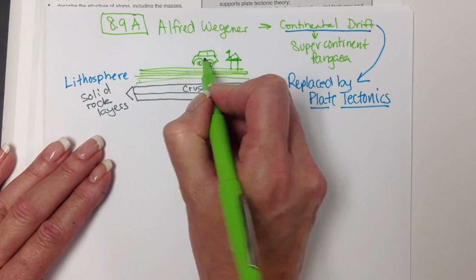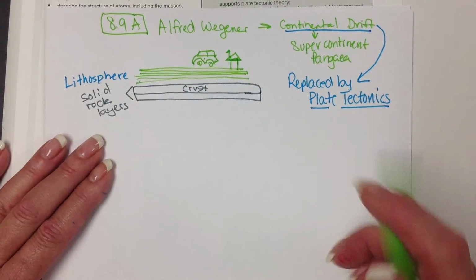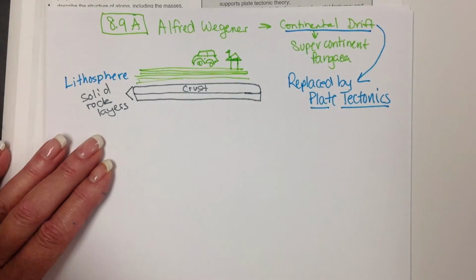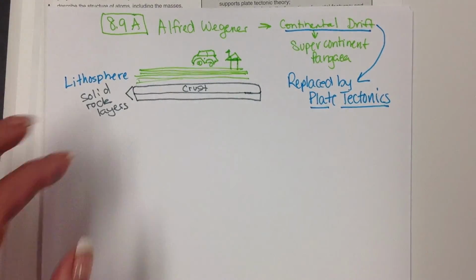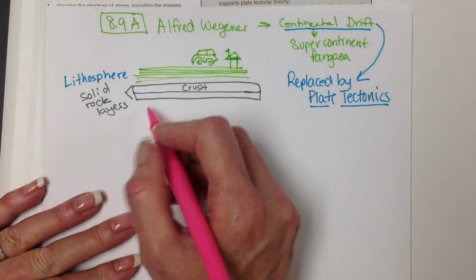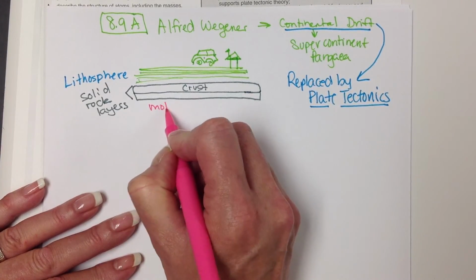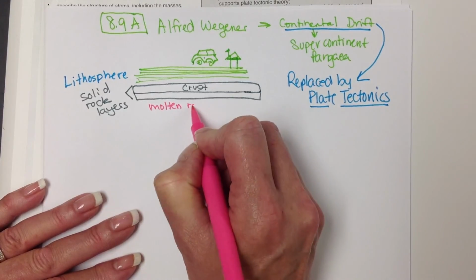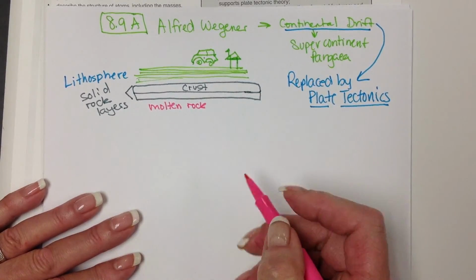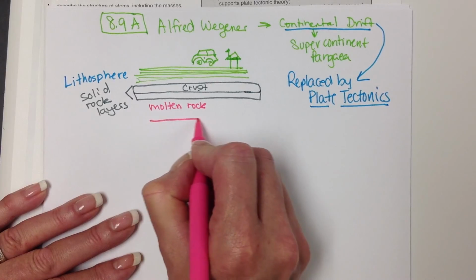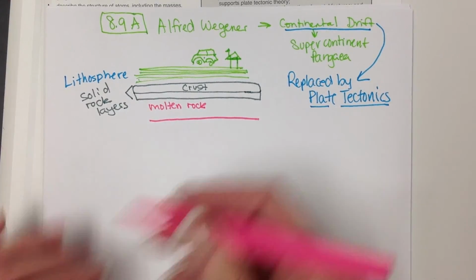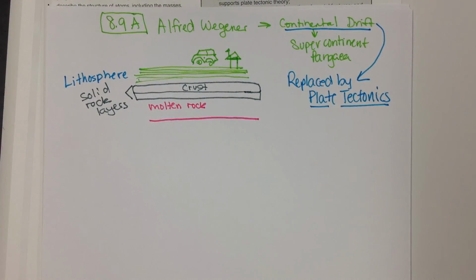Okay. So now that we kind of know what's going on, below the crust, and this is the important part here, is a very soft, molten rock area. This is the upper part of the mantle, and it's all melted down rock. And we remember when we talked about how warm and cool temperature differences in a fluid cause motion.